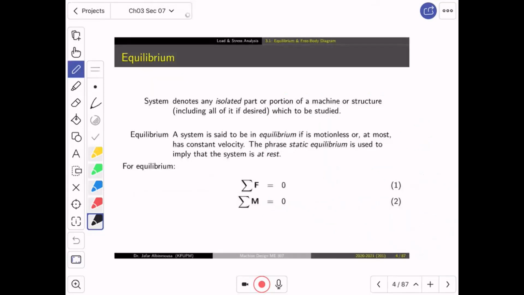Okay? Now, how do we do what we wanted to do? With hand. Little parts. In the entire course, we are going to deal with little beams, rectangular bars, cylindrical bars, and that's it.